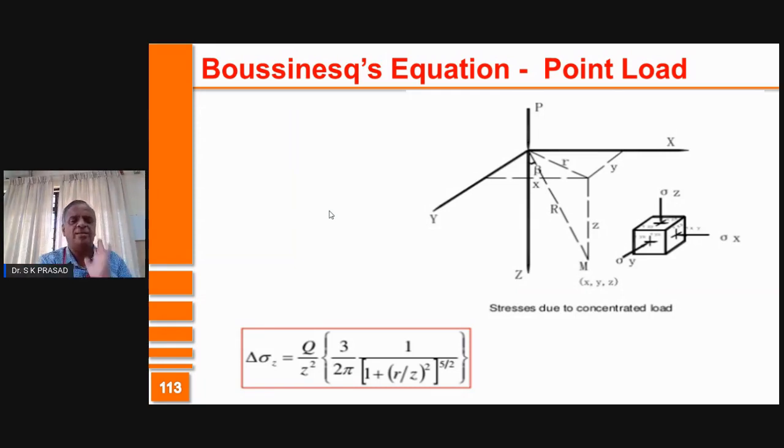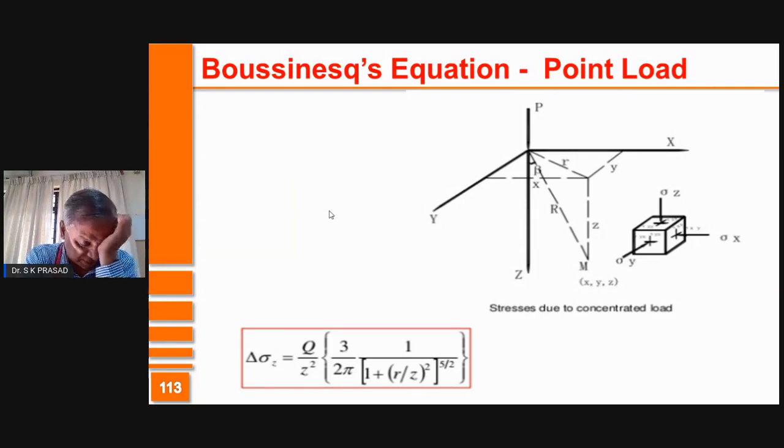So assume that you have a point load acting at the surface and you want to know the stresses induced at the point radially at a distance r and vertically at a depth z below the ground level.